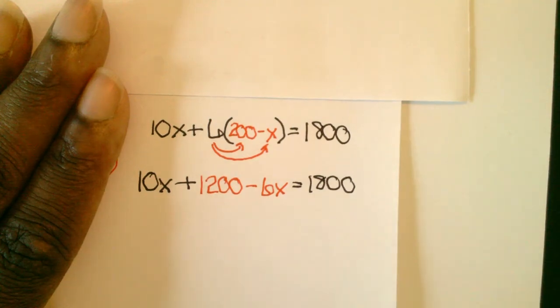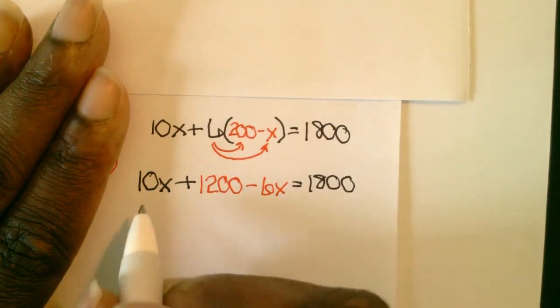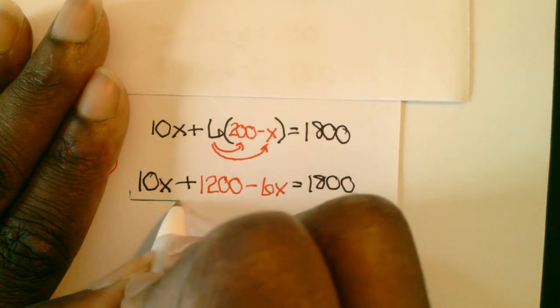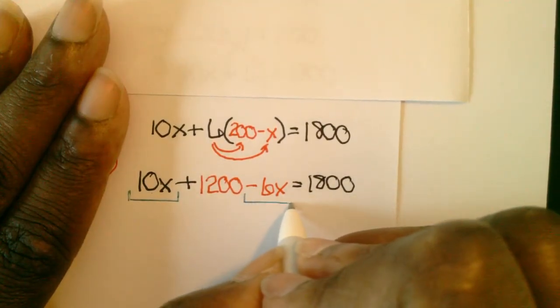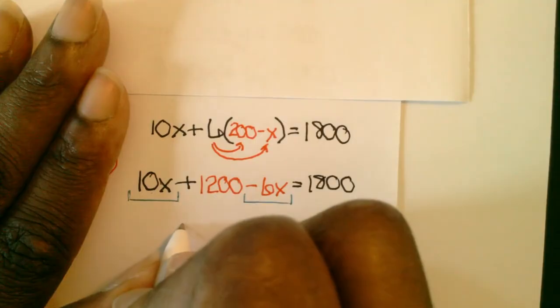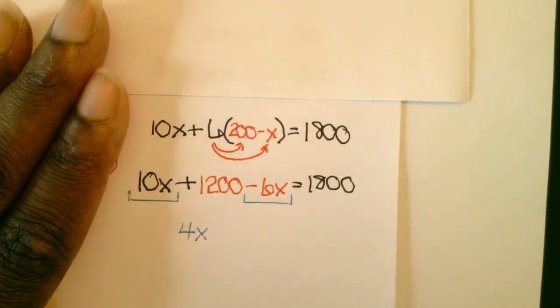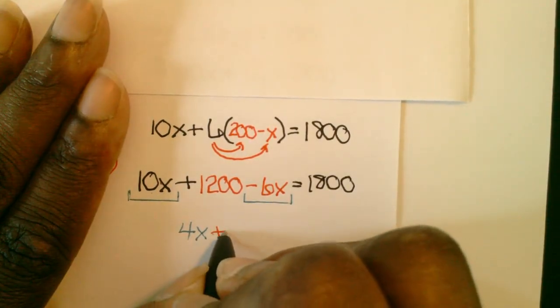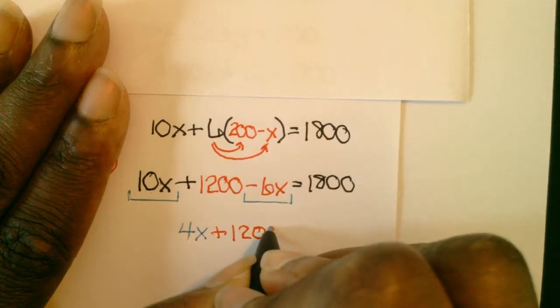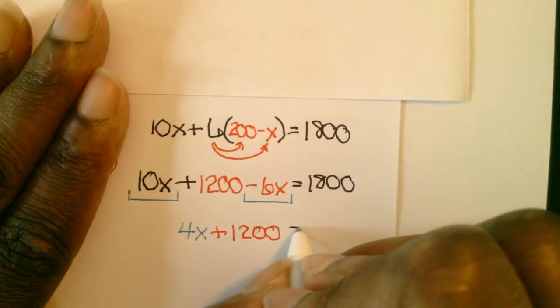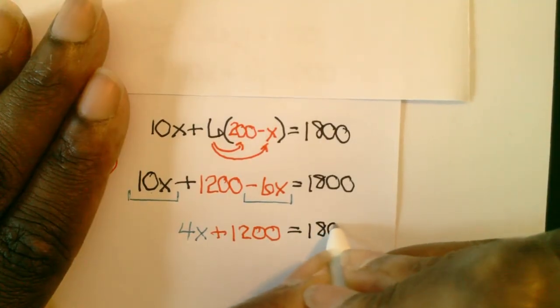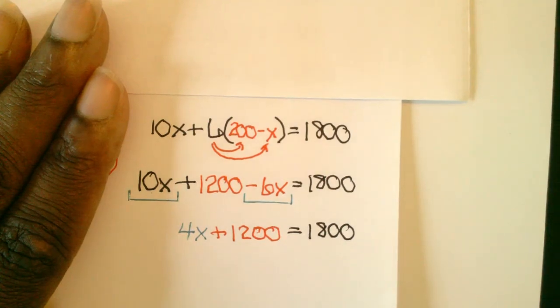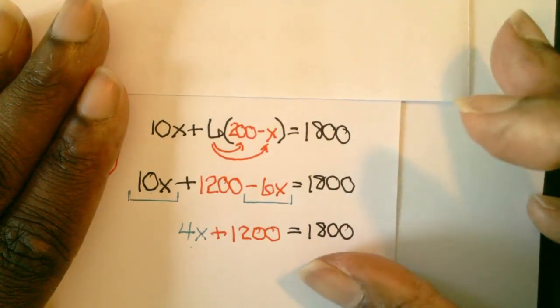So we have 10x minus 6x. That gives me 4x. Then I just bring down my plus 1200 and equals 1800.